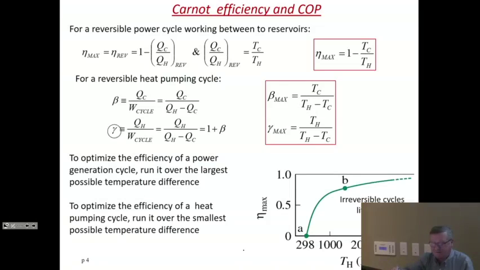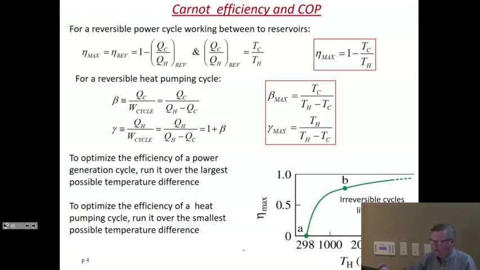If you operate the same cycle as a heat pump, the useful heat is the hot heat now. The cycle is what you put in, so the efficiency, or the coefficient of performance really, is Q hot over Q hot minus QC, and that can be worked out using this relation to be T hot over T hot minus TC.